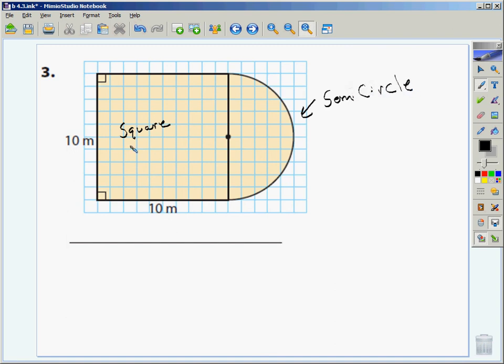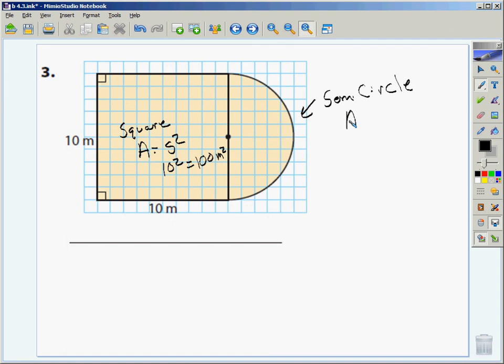What's the formula for the area of a square? It's actually a side squared, which would be 10 squared. This is 100 meters squared. Side times side also works, because they're the same number, right?